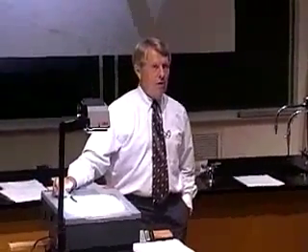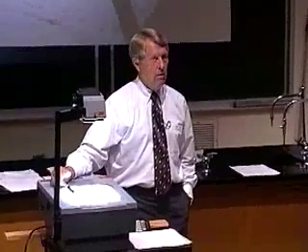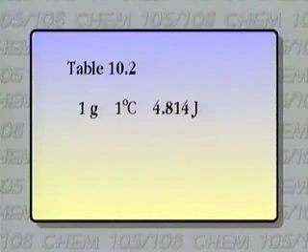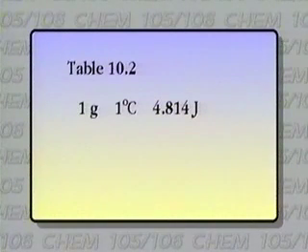Also, this is why a steam burn is so severe in contrast to just a hot water burn. For instance, the amount of energy to change 1 gram of water 1 Celsius degree is 4.184 joules.